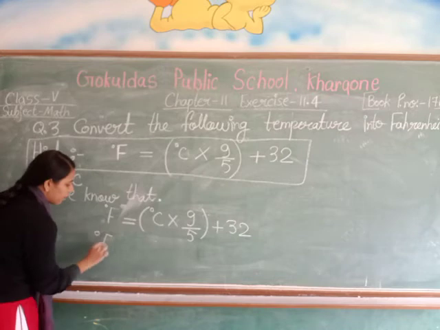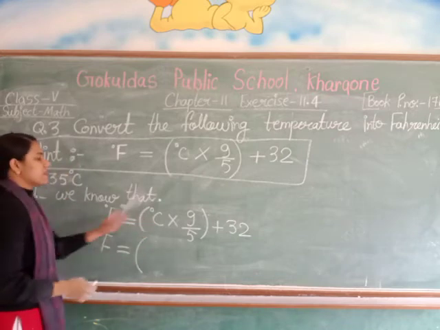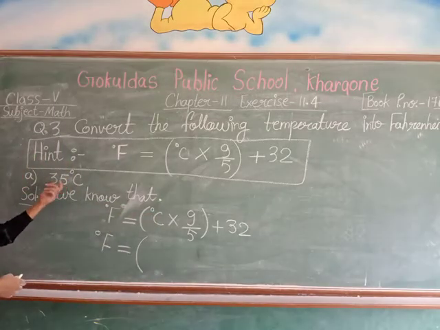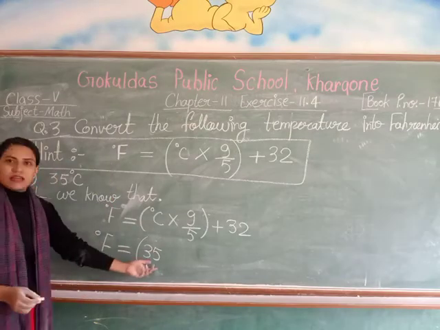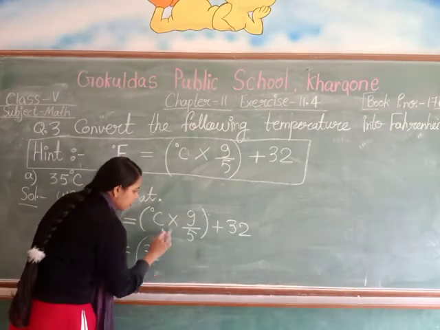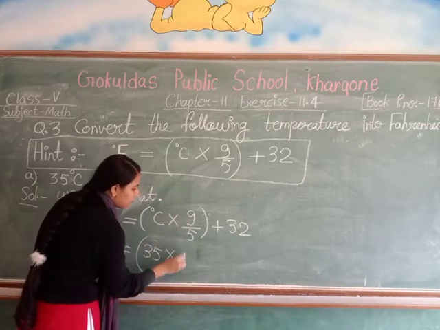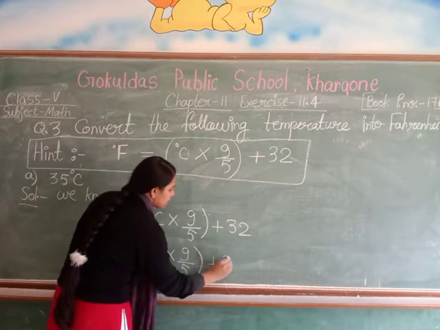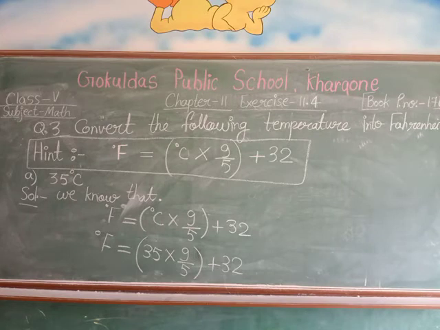So write degree F equal to bracket open degree C. Degree C means centigrade temperature. So what is the centigrade? 35 degree. So write here 35. After writing 35, copy this as it is, multiply symbol. So write multiply, write 9/5 as it is, bracket close plus 32. I hope you get it.